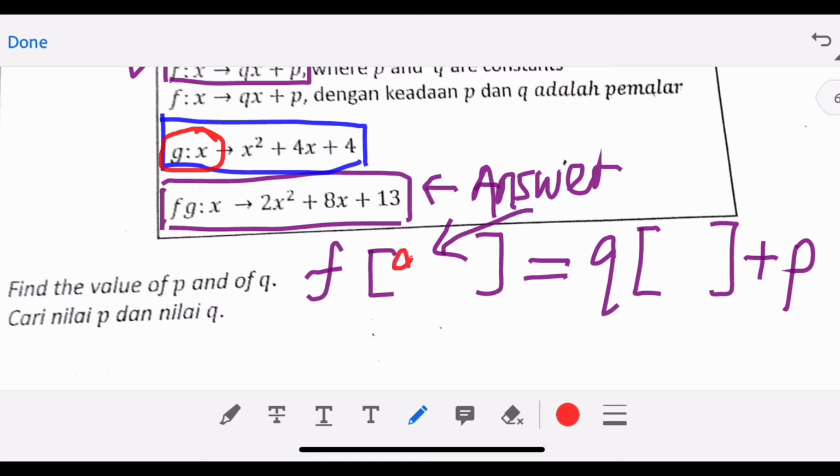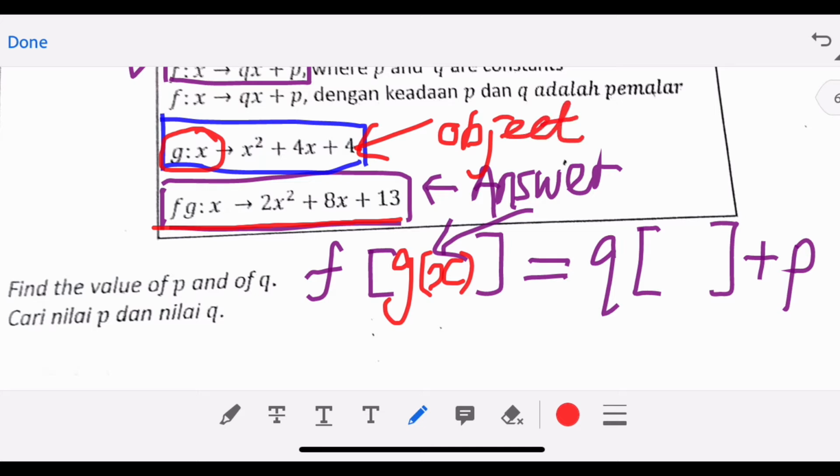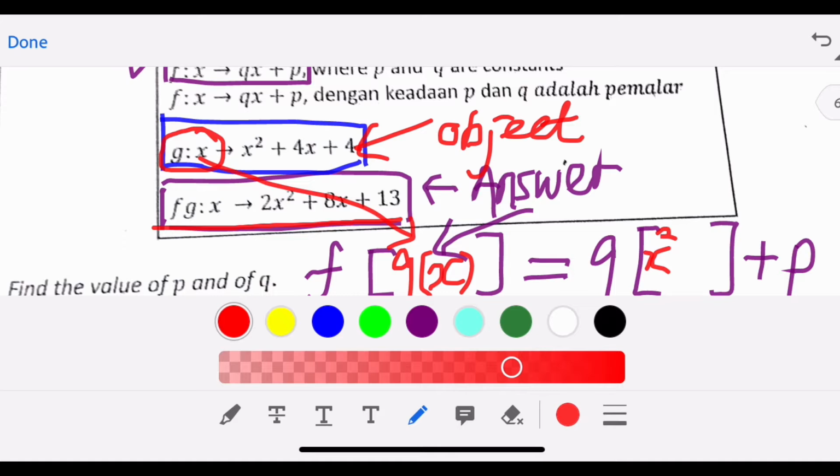Of course, you substitute the function g, right? Because it was given fg(x). So that means g(x), this one, will be your object, right? As I say, left go to the left and right go to the right. So this one you have to write whatever is at the right hand side.